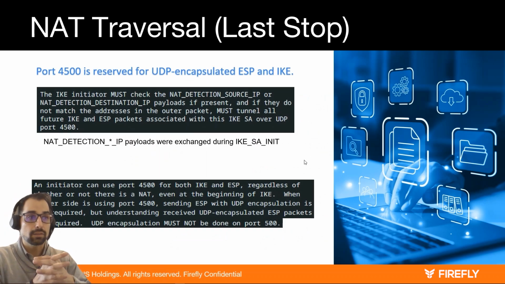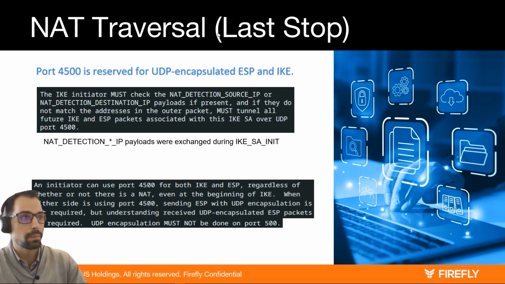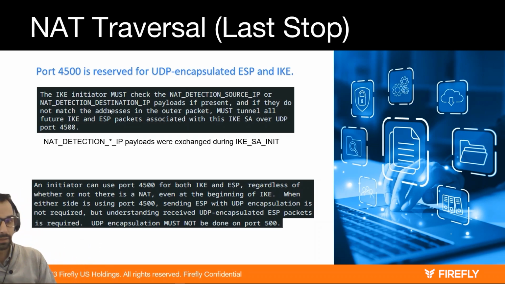And last but not least, last stop before we move into our lab, I just wanted to point out this NAT traversal feature or option that we have. Here I also have to move a little bit so you can read everything.